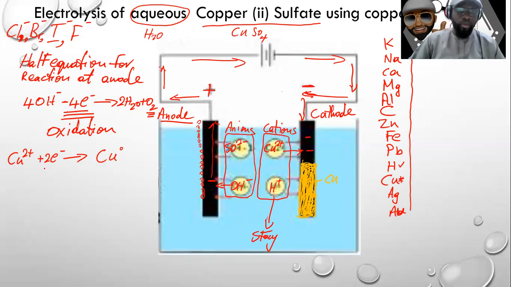Now note here that this half equation shows that electrons have been gained. Whenever electrons are gained, this represents reduction.